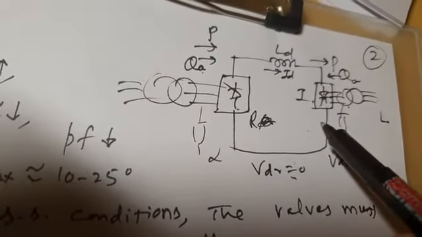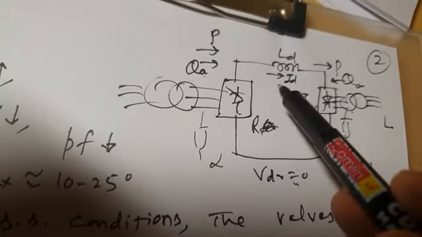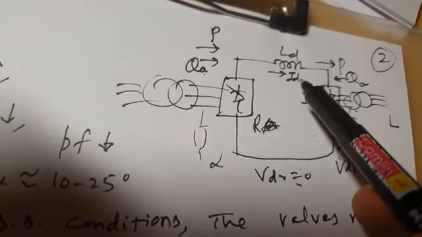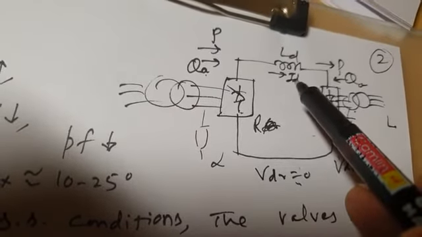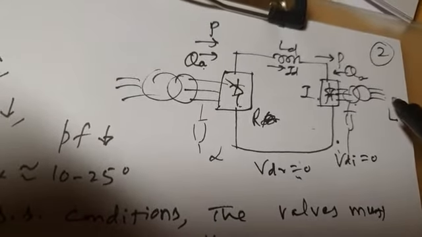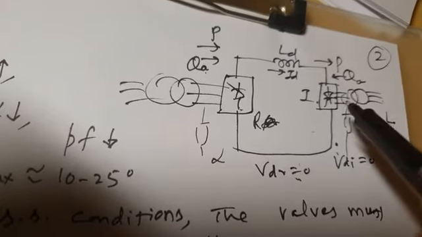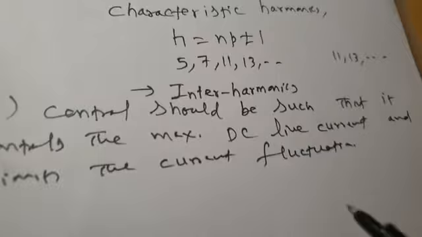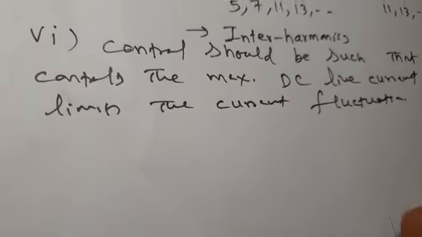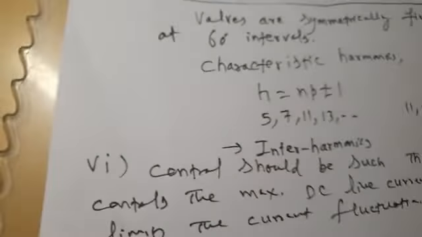If the inverter side voltage has collapsed to 0, the rectifier side voltage should also become 0, so that current in the link does not rise to very large values. This may last for a few seconds or a fraction of a second. When the inverter side voltage is restored to its normal value, normal operation will take place. Therefore, the controller should take care of any increase in the DC line current by firing angle or delay angle control, and this control is very quick.